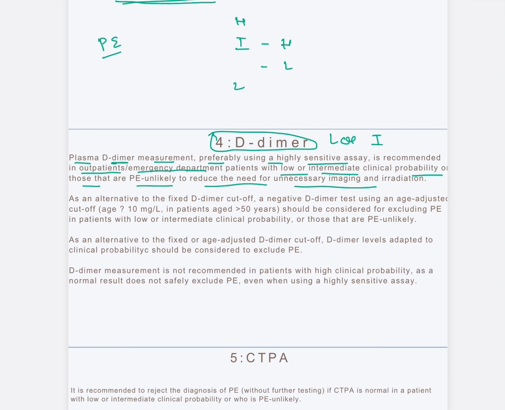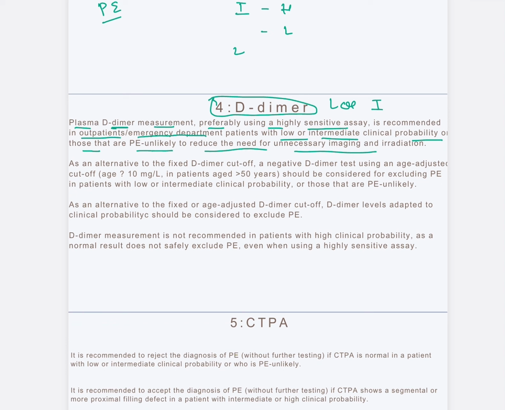But it should not be used in high clinical probability. As an alternative to a fixed D-dimer cutoff, a negative D-dimer test using an age-adjusted cutoff, age times 10, in patients above 50 years should be considered for excluding PE with low or intermediate clinical probability or those who are PE-unlikely. So if PE-unlikely, or low or intermediate risk, you can do D-dimer.